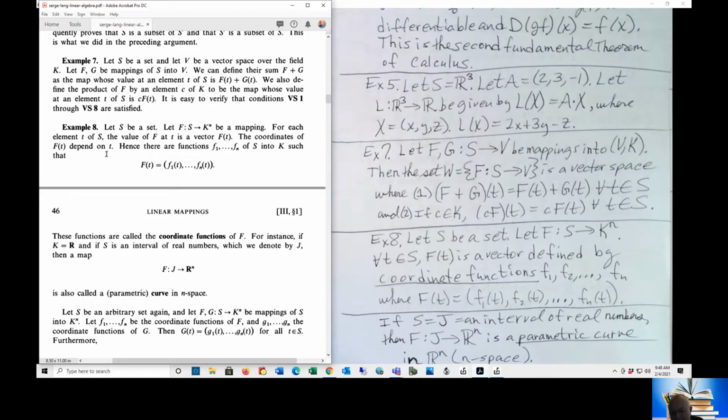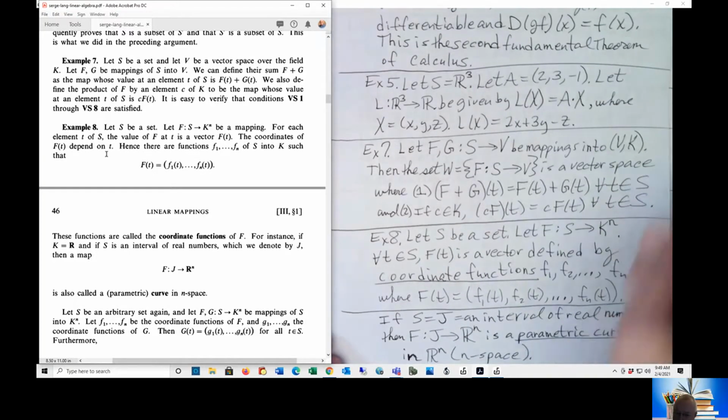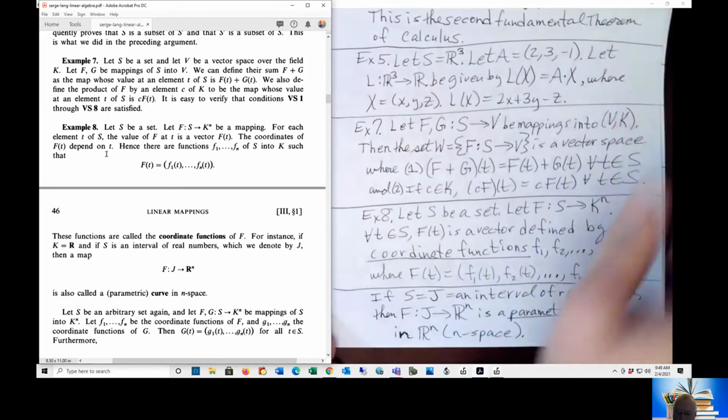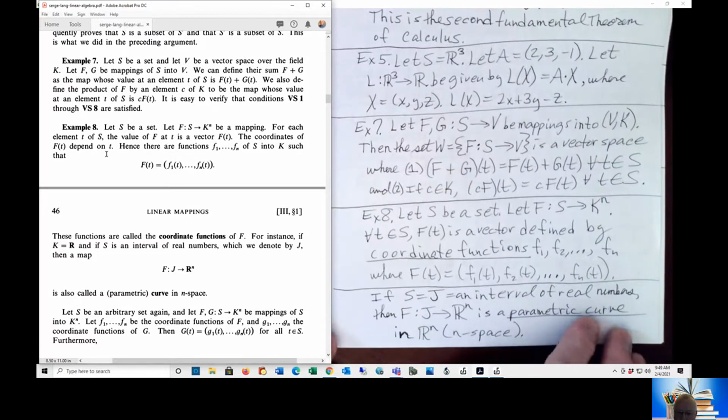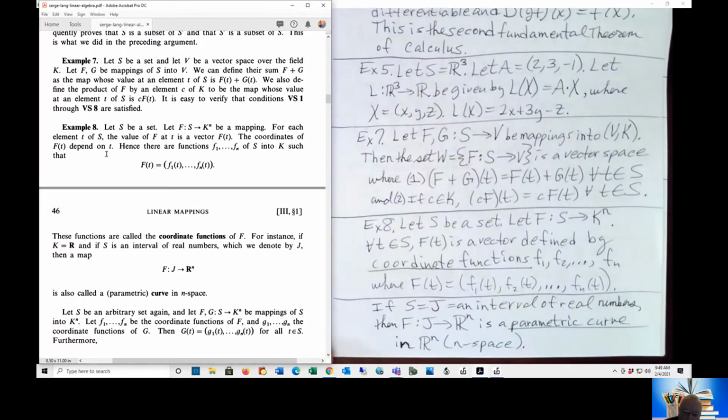Now, if the set S is an interval of real numbers, call it J, and the map goes from that interval into Rn, then this is called a parametric curve in Rn. Now, you may have seen a few of these in Calculus 3, particularly from J into either R2 or R3, specifically R3.